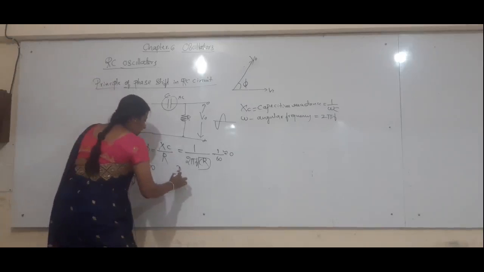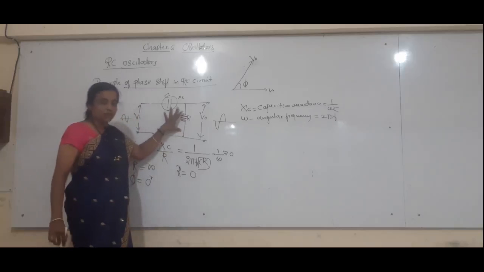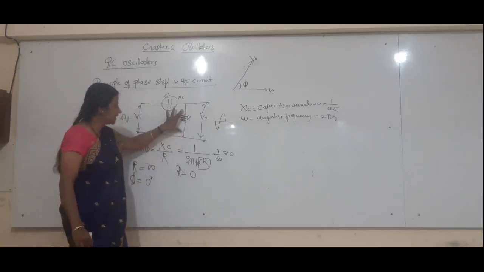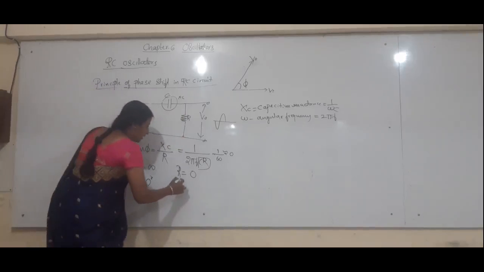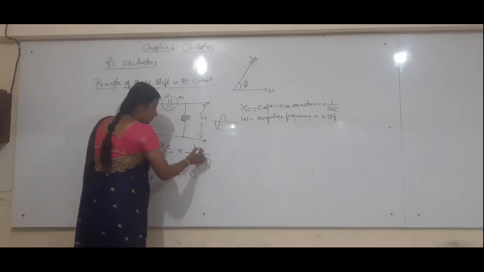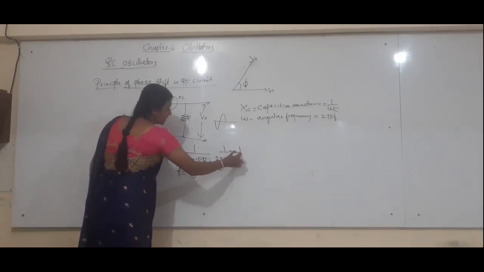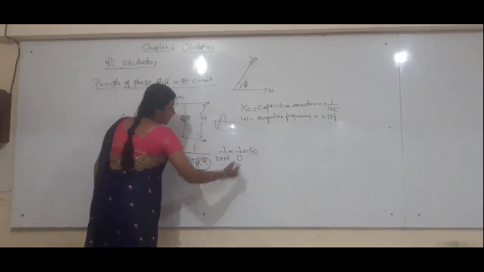Suppose the resistance value is 0, that is, assume a short circuit. Then if we substitute 1 divided by 2 pi f C into 0, 1 divided by 0 is almost equal to infinity.